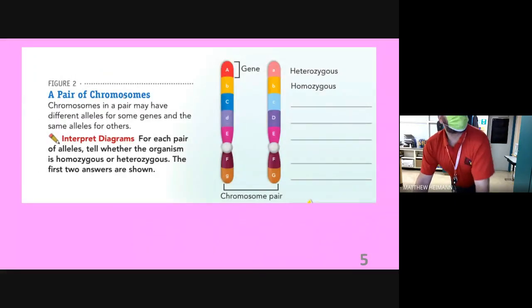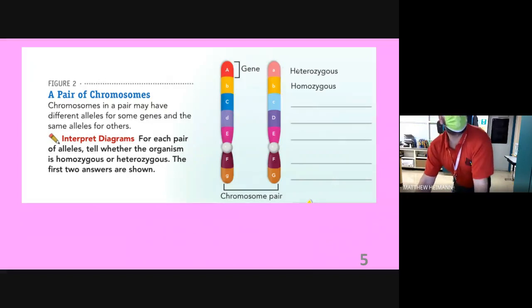All right, a pair of chromosomes. Chromosomes in a pair may have different alleles for some genes and the same allele for others. So look at this chromosome here. This is a pair of chromosomes, and here's a gene. Each little section is a gene, like an allele.